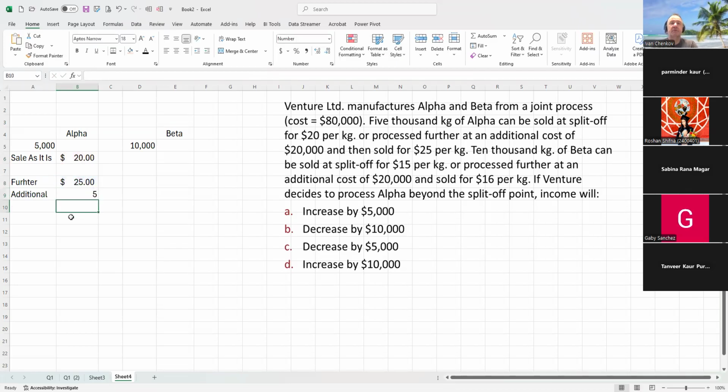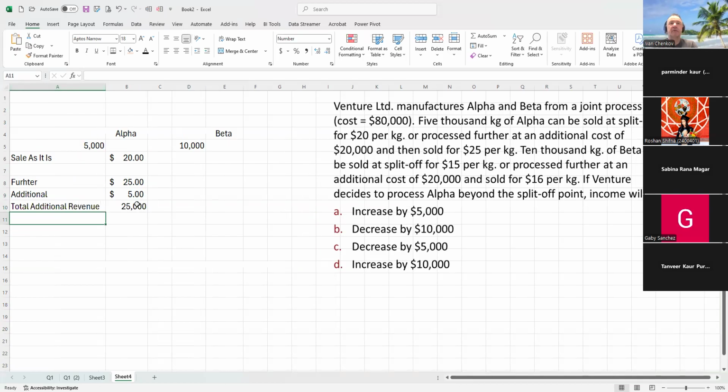If I'm generating $5 per kilogram, how many kilograms are we talking in total? 5,000. So how much is my total additional revenue? 25,000. Correct?